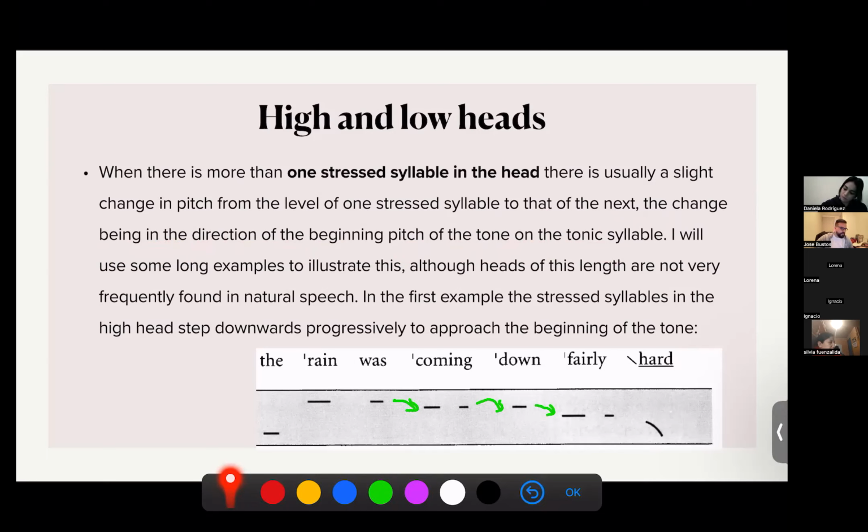So, for example: the rain was coming down fairly hard.